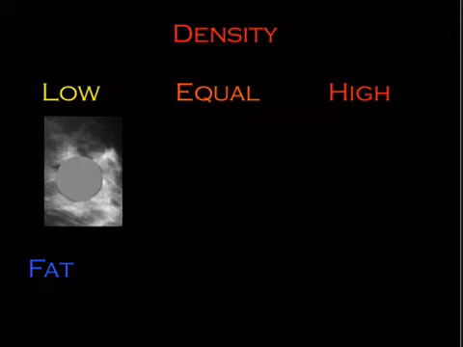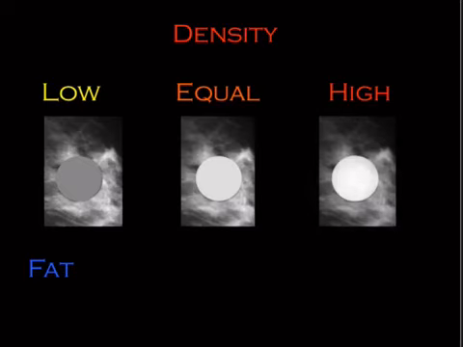Some people believe that denser breasts have a greater risk for breast cancer. They're certainly harder to read. So a mass that is low in density has a lower density relative to the background breast tissue. Equal is the same, and high would be if it looked more dense relative to the regular breast tissue.